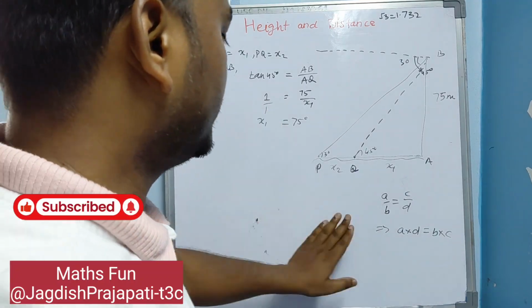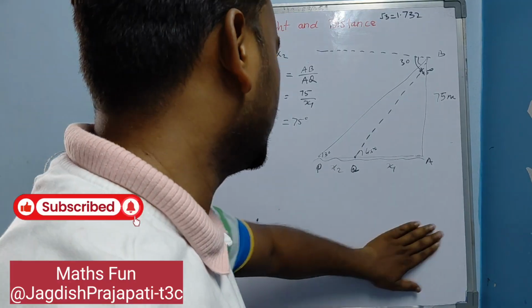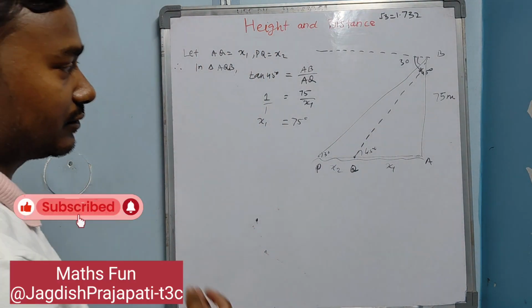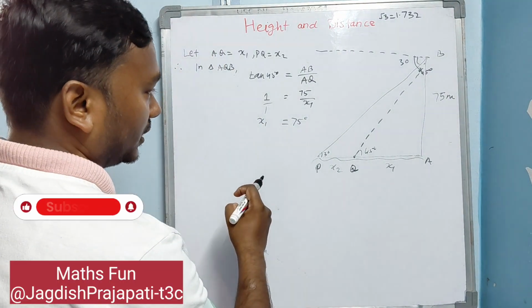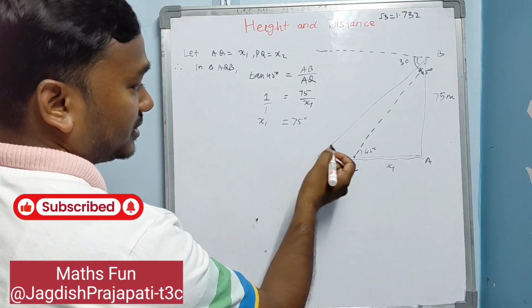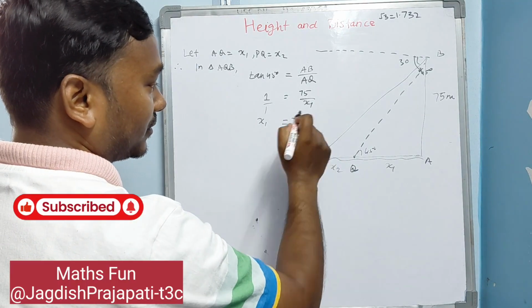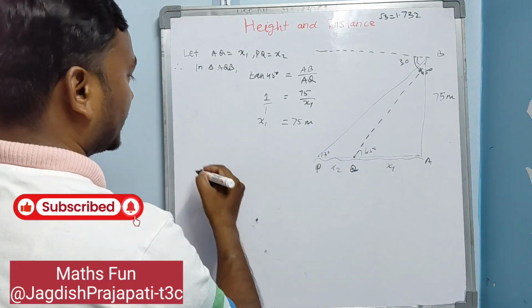I think you have studied this in 9th class also. If you haven't, then we have to study this in this class also. So x1 is 75, not 75 degree, this is meter. Okay, so now we use this triangle.